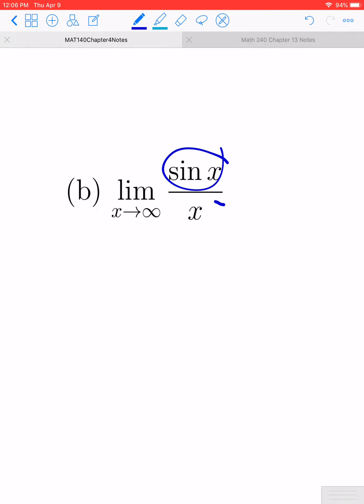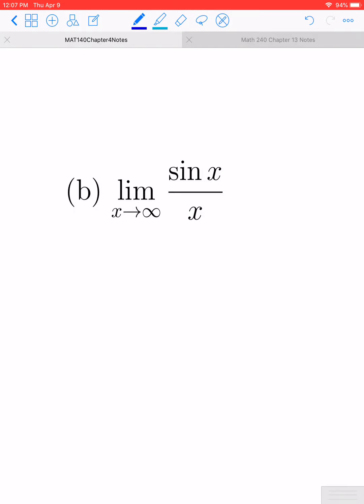Yet at the same time, while it's oscillating between those two fixed values, the denominator is going to get larger and larger and larger. So we would expect, perhaps, for the overall output to get smaller and smaller, and probably approach 0. So maybe a little bit of intuition. We might think or believe that this limit is going to be 0.